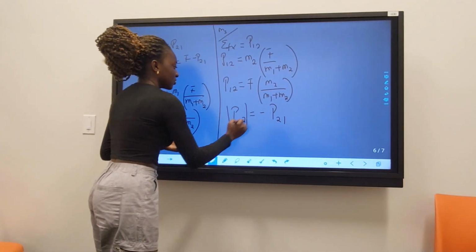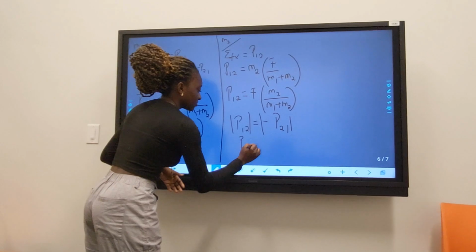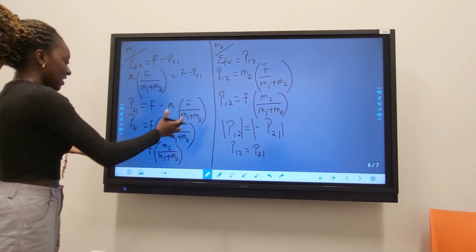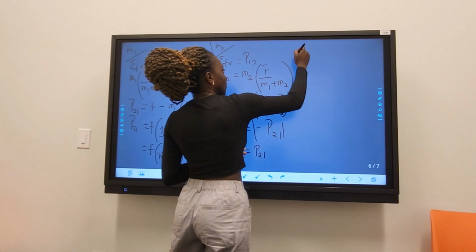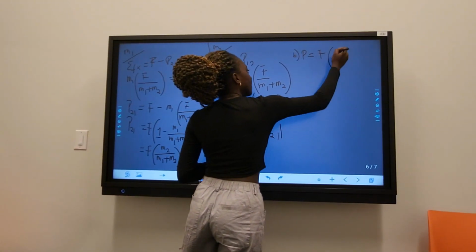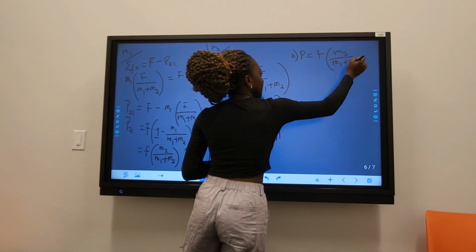So you just take the modulus of these two to find the magnitude. P12 is equal to P21, so that's why these equations are the same. So the contact force is simply P equals F m2 over m1 plus m2.